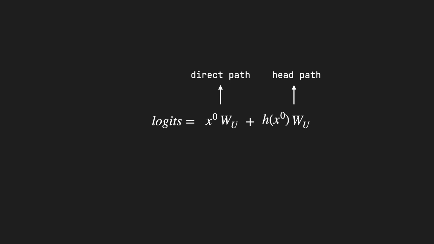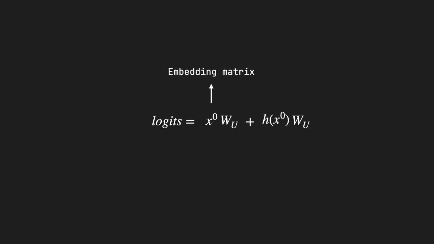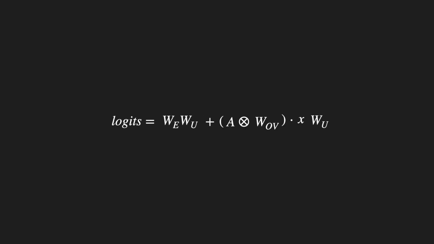So now let's start filling in more information that we know. We know what the head is. It's the tensor product of the attention matrix in our OV circuit. And then we know that this right here is an embedding matrix. So we could substitute that in. x0 is what we started with, our embedding matrix. So now we could substitute in what our h of x0 is that we already know.